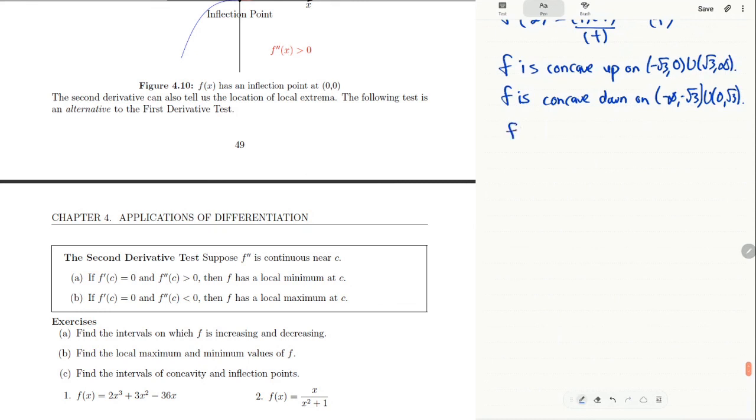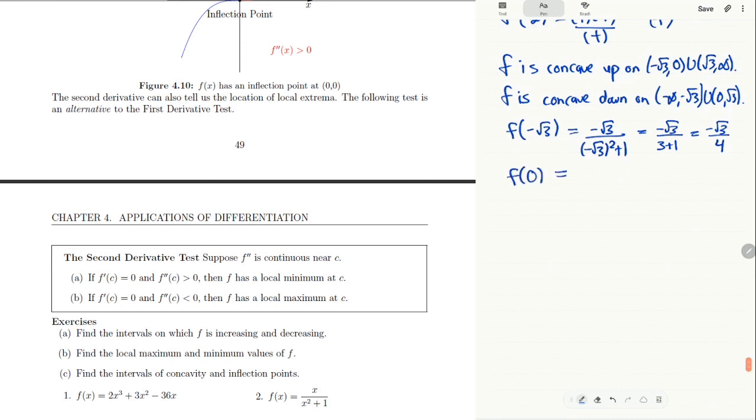So we need to find the coordinates of these inflection points. So f of negative root 3 is negative root 3 over (negative root 3 squared plus 1), which is negative root 3 over 3 plus 1. So that's negative root 3 over 4.